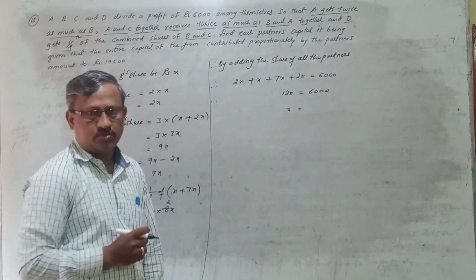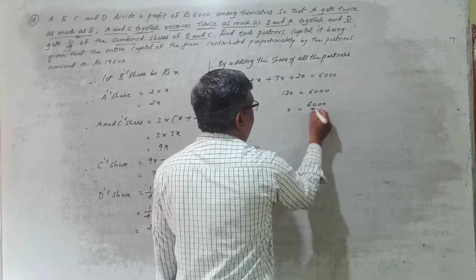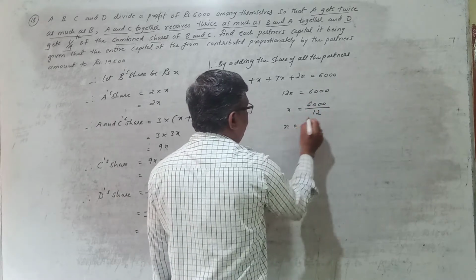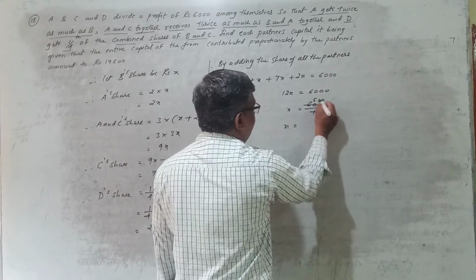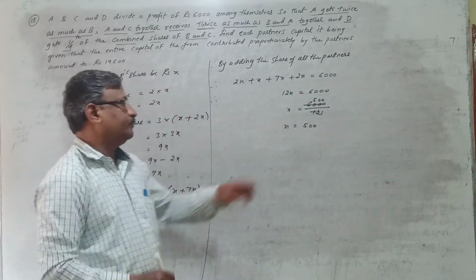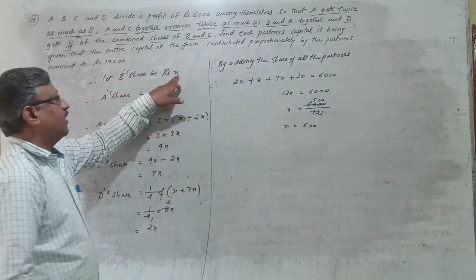So x is equal to 6,000 divided by 12, which comes to 500.